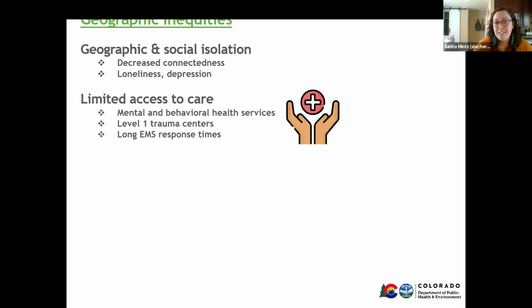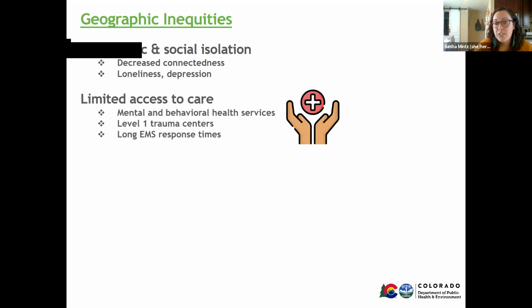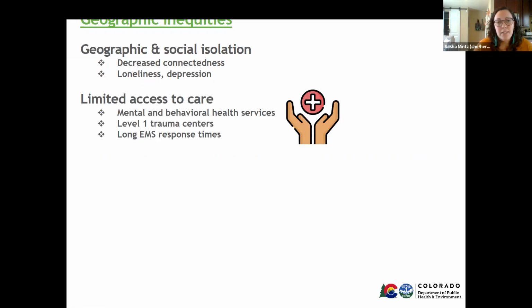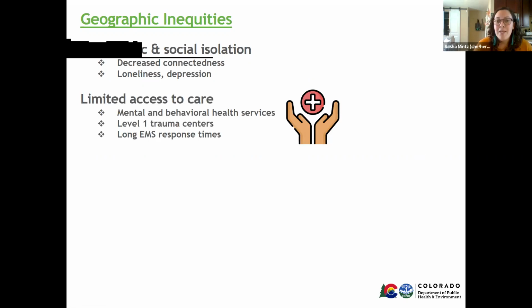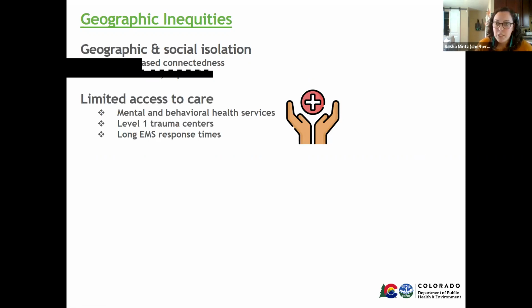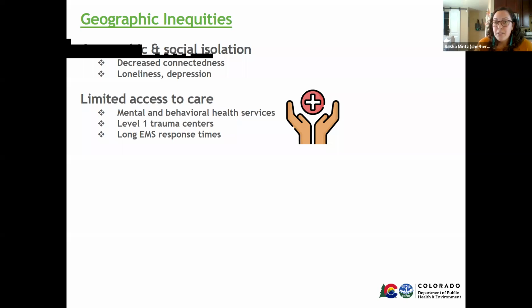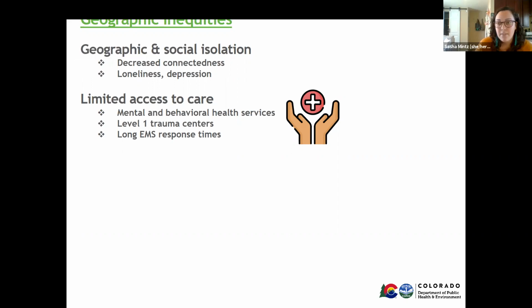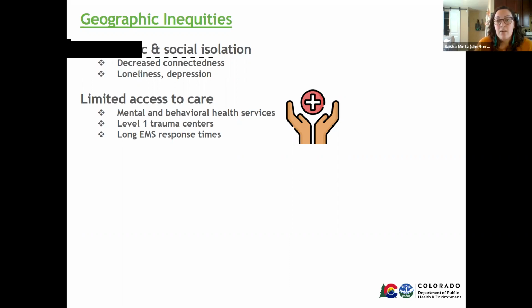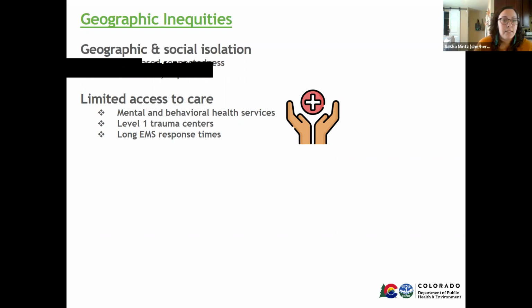Another important factor is limited access to healthcare, such as mental and behavioral health services. We know that when healthcare is readily available and accessible to people, it reduces the risk of outcomes such as suicide. For example, the lack of behavioral health care is mostly due to having too few qualified clinicians and long travel times to any healthcare facility. It's even been shown that many folks living in rural communities are less likely to even have mental health benefits through their health insurance.